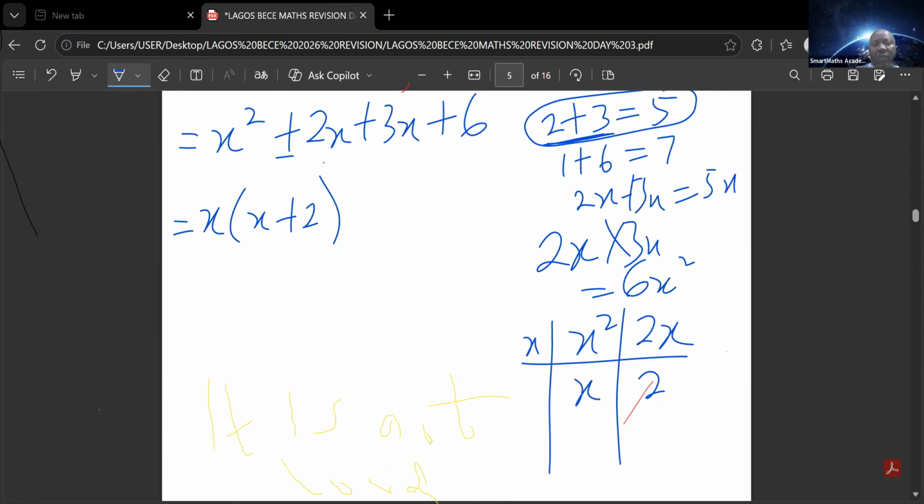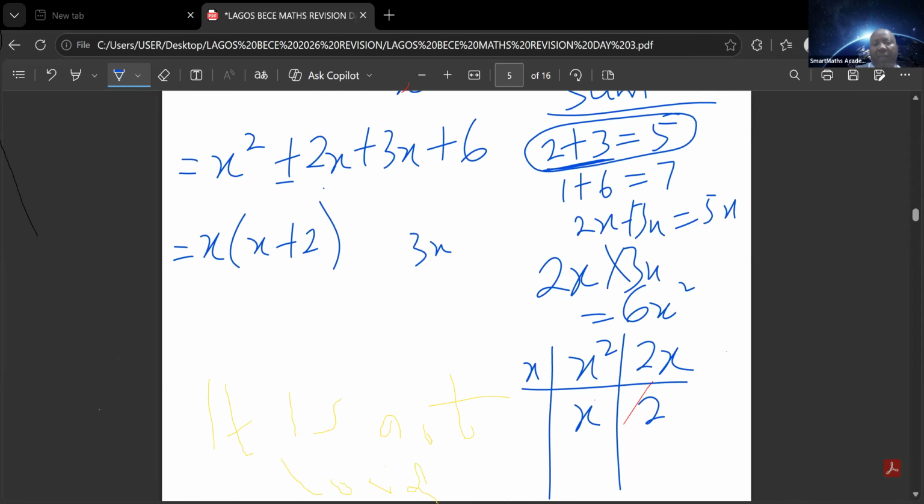Then the next one is 3x and 6. We factorize this as well. What is common to 6 and 3x is 3. So 3x divided by 3 gives us x. Then 6 divided by 3 is 2.